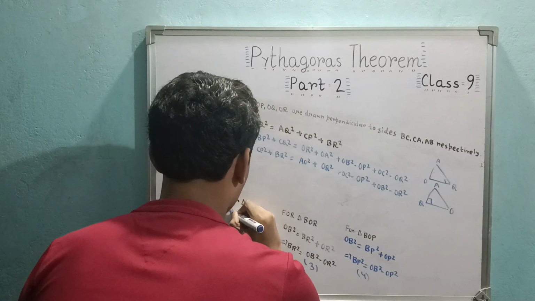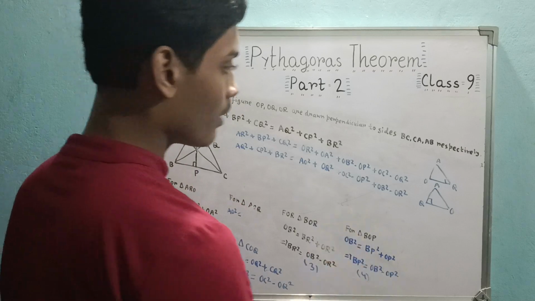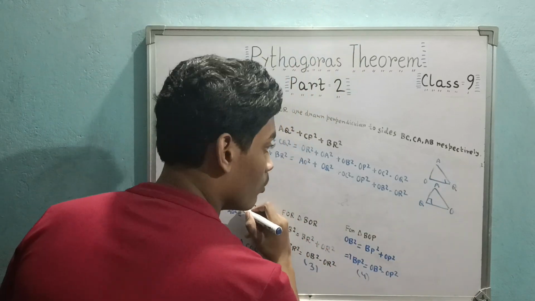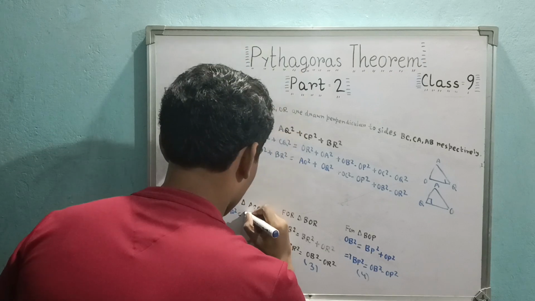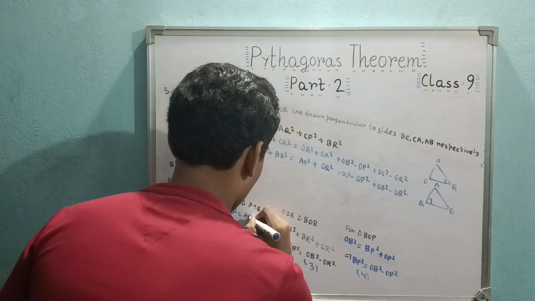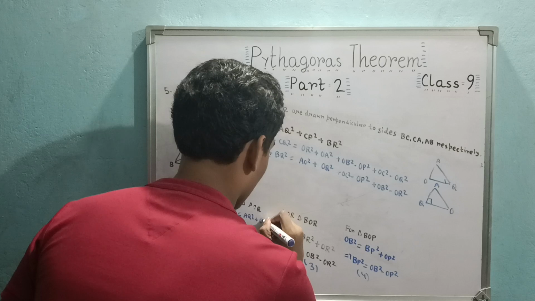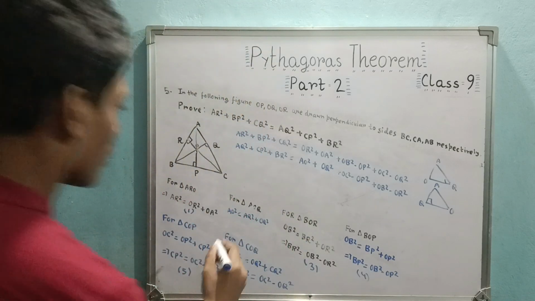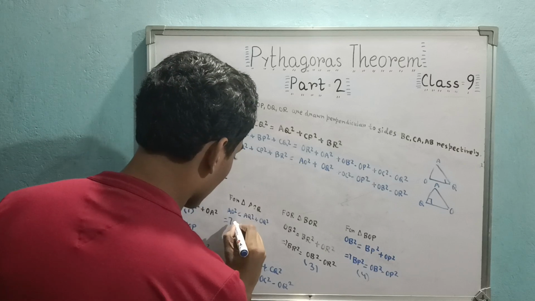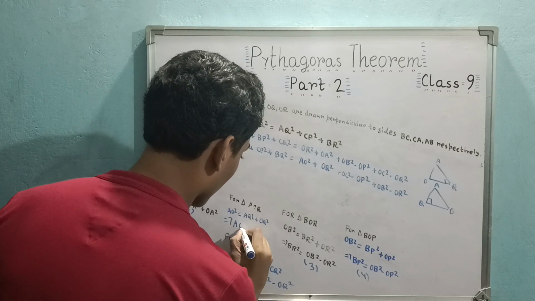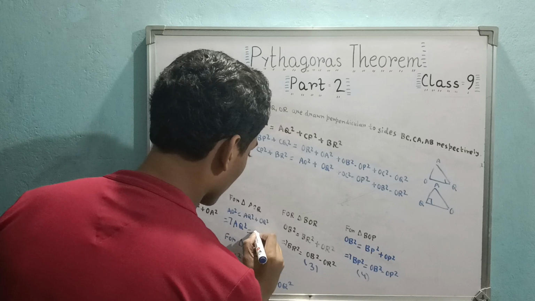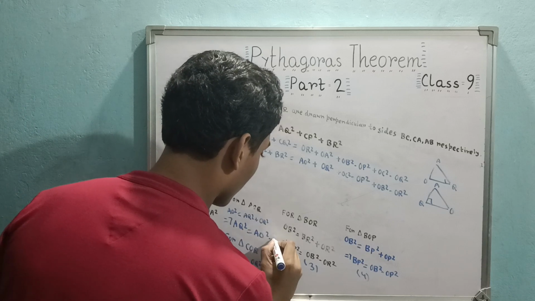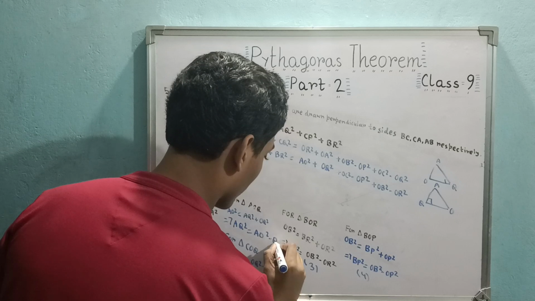AO square will be equal to AQ square plus OQ square. Then AQ square equals AO square minus OQ square.